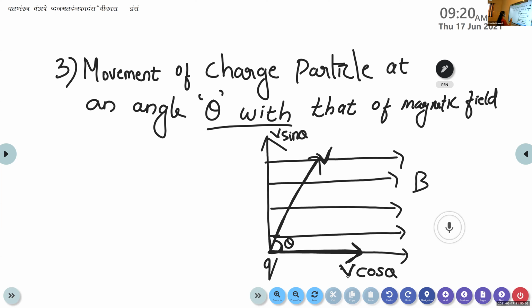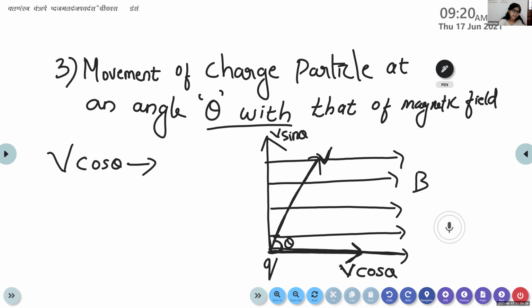Or here we can say that v cos theta is responsible for which type of motion? What is the path followed by the charged particle by this v cos theta component? It is a parallel component. Yes, very good.